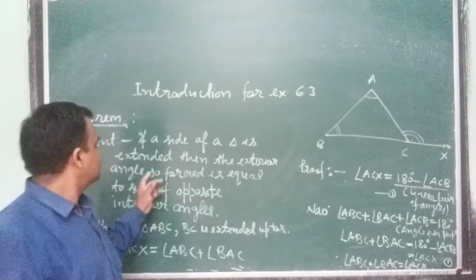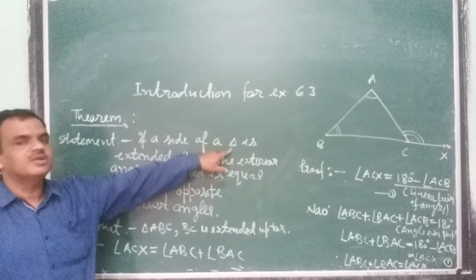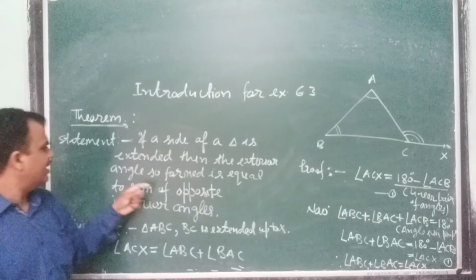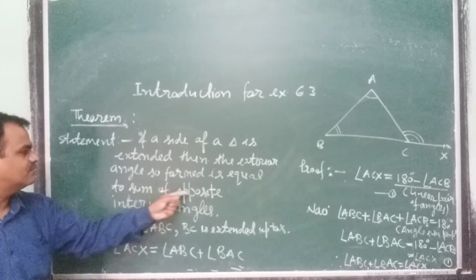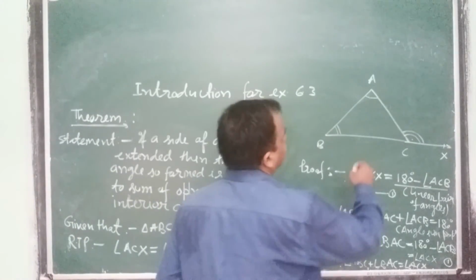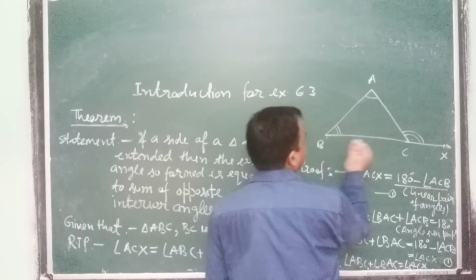What is this theorem? If a side of a triangle, this is the symbol for triangle, is extended, then the exterior angle so formed is equal to the sum of the opposite interior angles. Let us make it clear once again. ABC is a triangle, BC is extended.